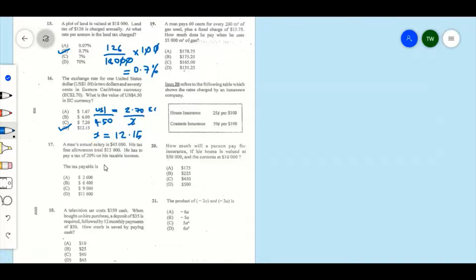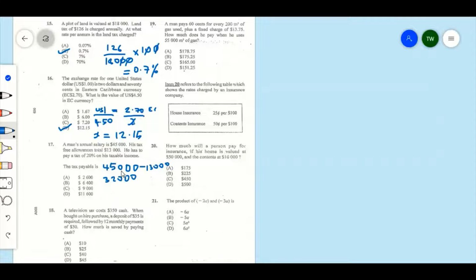So his taxable income is going to equal 45,000 minus the 13,000, that's his tax-free allowance. We're going to take 13,000 from it. So 45,000 minus 13,000 is going to leave us with $32,000.